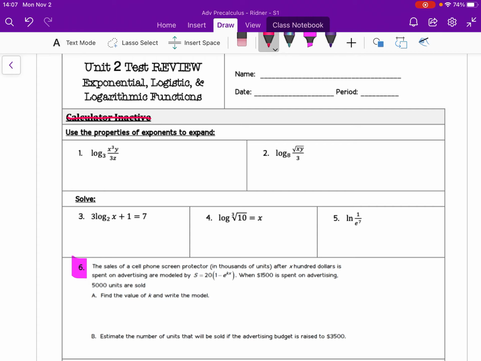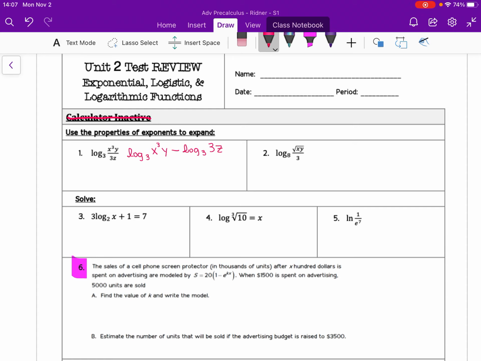All right, so for expanding, you always want to start with, hey, there's a division sign, so I'm going to go ahead and separate that with a minus sign. And then notice that there's some multiplication happening, there's some division happening. We took care of the division, but there's lots of multiplication happening.